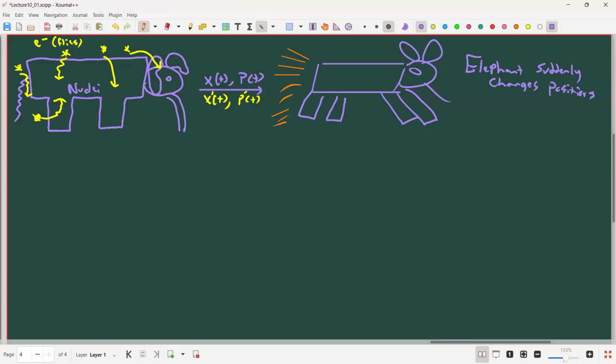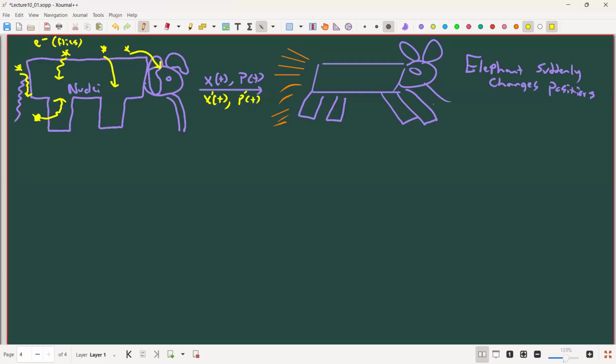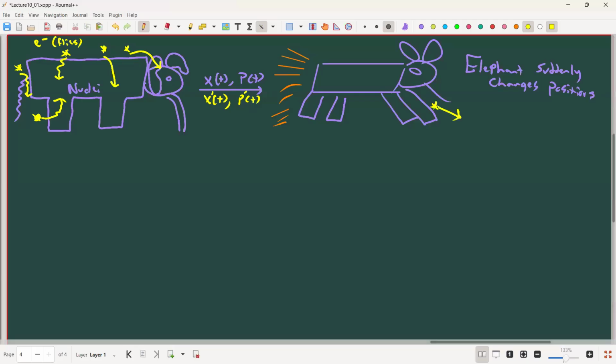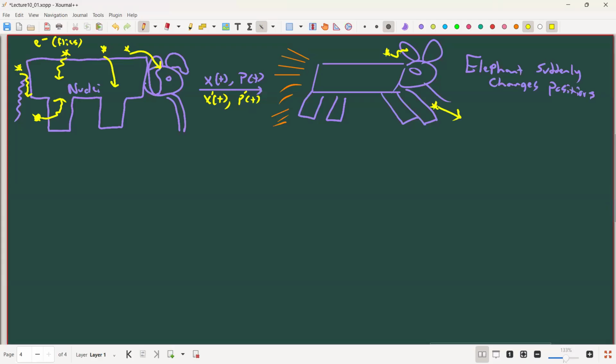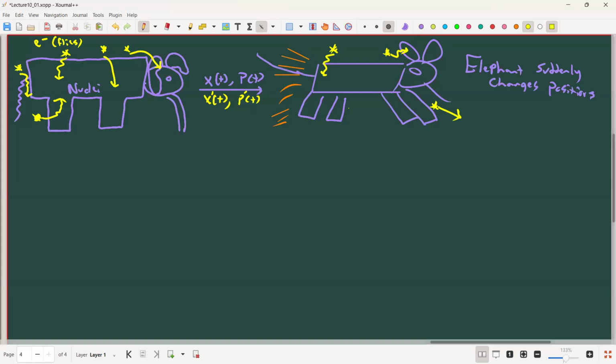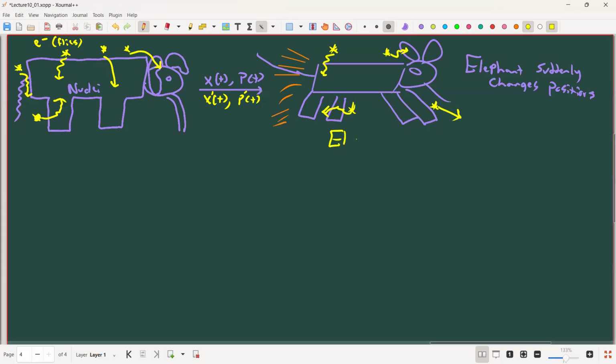The flies immediately reorganize themselves around the motion of the elephant, right? So now this fly right here is going to start buzzing out of the way. This one wants to grab on here. Maybe this one sticks. I forgot his tail. There we go. And this one avoids contact, right? So the electrons quickly readjust and relax to the elephant's new position.